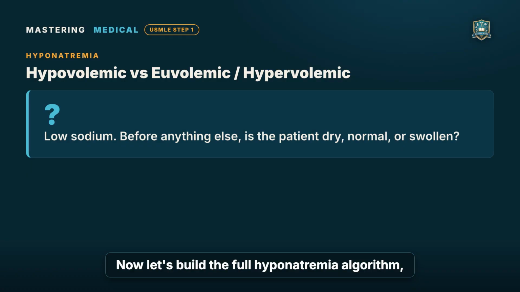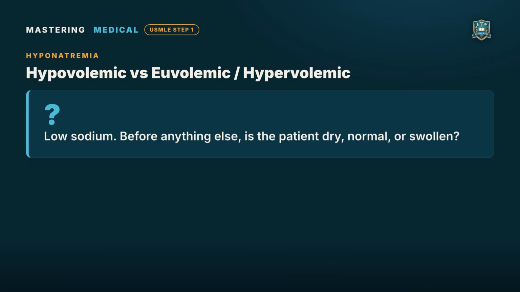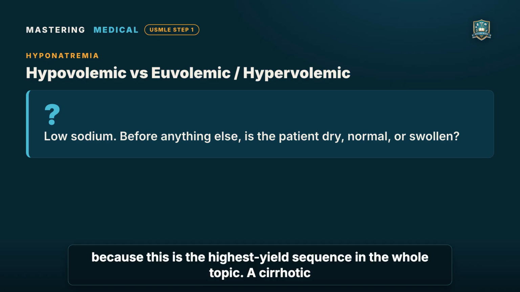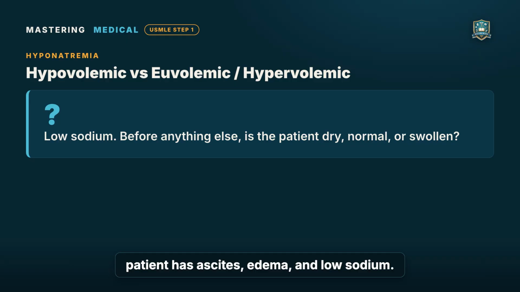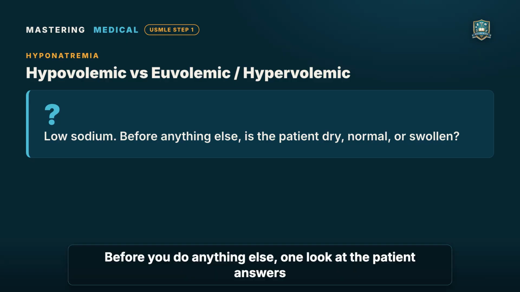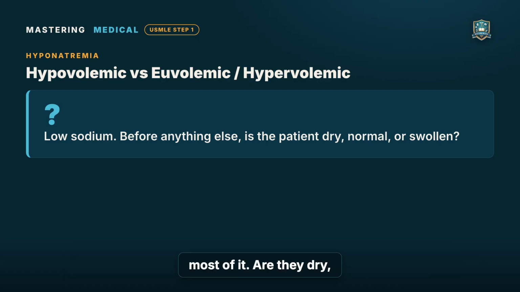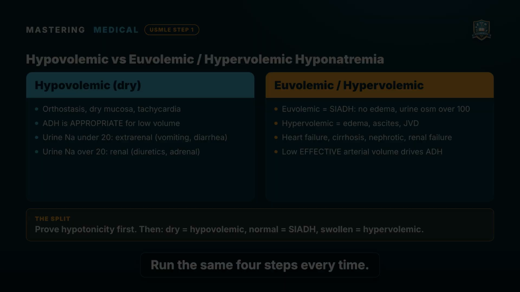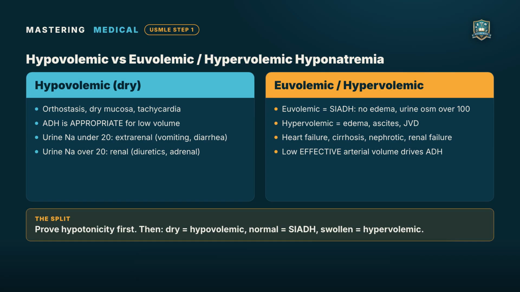Now let's build the full hyponatremia algorithm because this is the highest yield sequence in the whole topic. A cirrhotic patient has ascites, edema, and low sodium. Before you do anything else, one look at the patient answers most of it. Are they dry, normal, or swollen? Run the same 4 steps every time. Step 1.